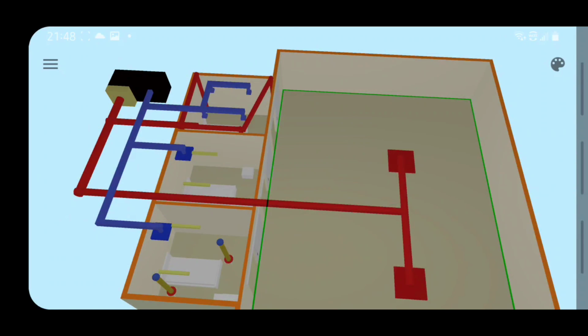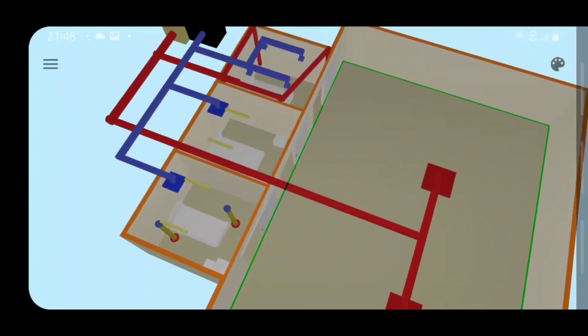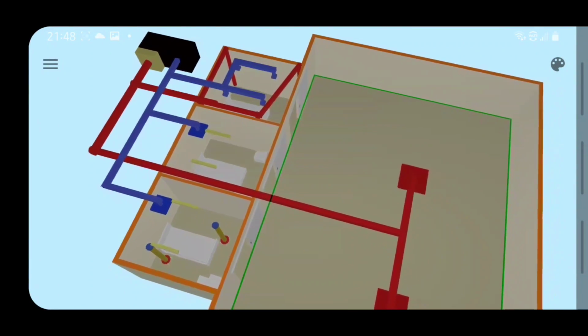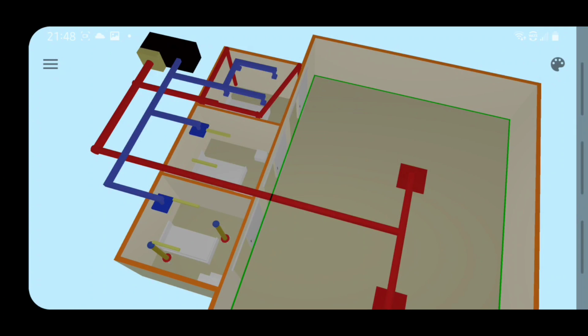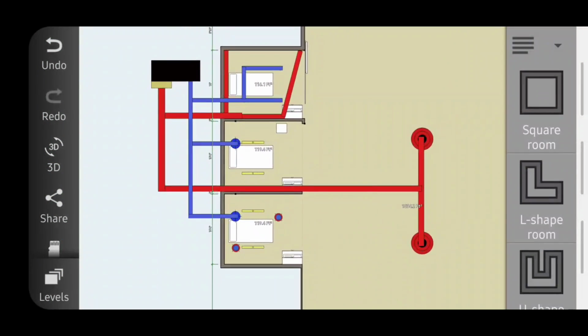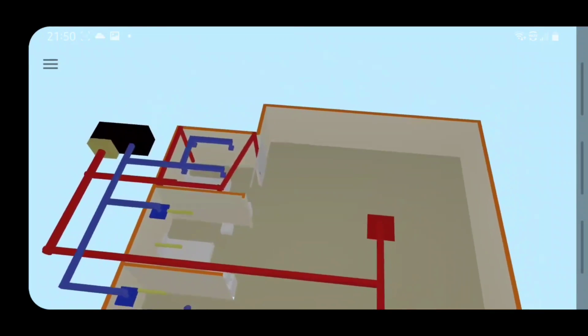Now let's go over some details. I'm going to remove the walls so you can see more, and talk about how some things contribute to keeping air clean. So again, I removed the walls, and this is how things look schematically. Let's look at the 3D model.